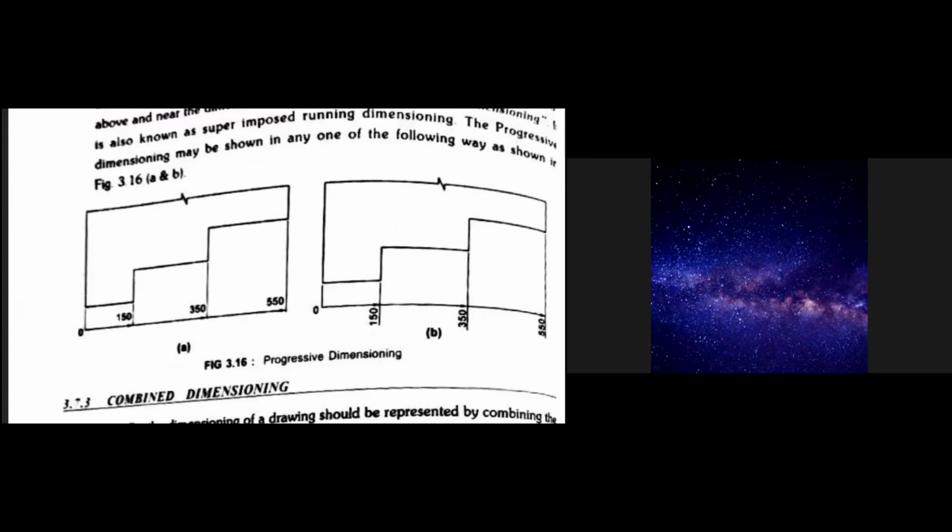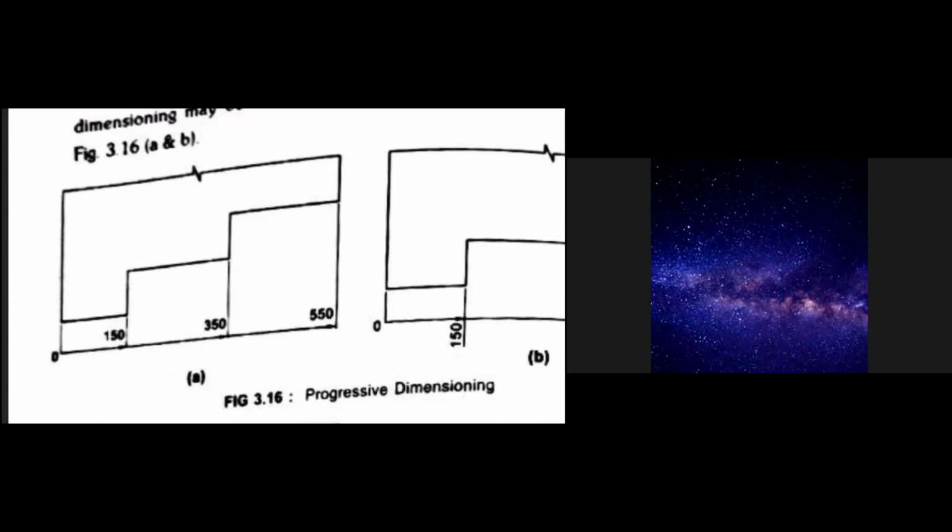The dimensioning of 150 mm starts at O, the dimensioning of 350 mm starts at O, the origin point, and the dimensioning line of 550 mm starts at the same point. Here, by adding the dimensions, we get the second dimensioning as 350, and by adding the third value, we get the third dimensioning value as 550.